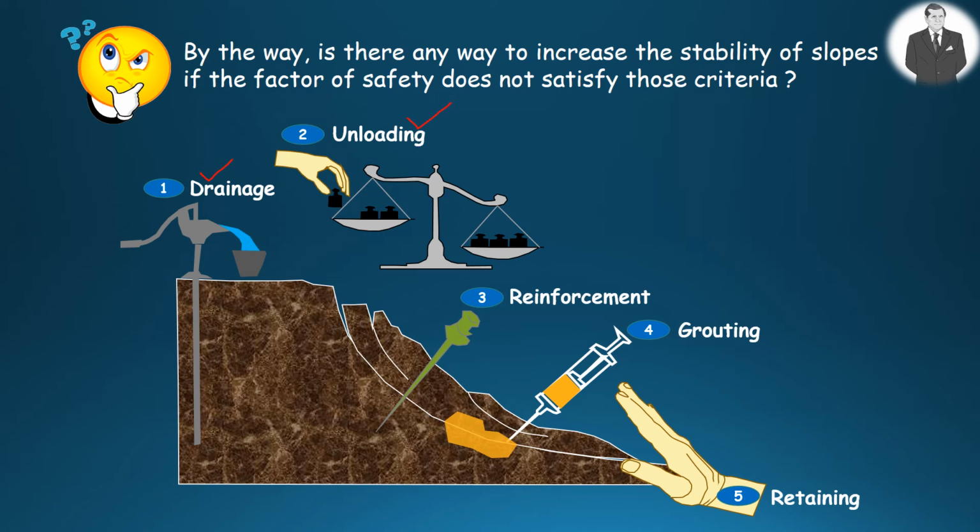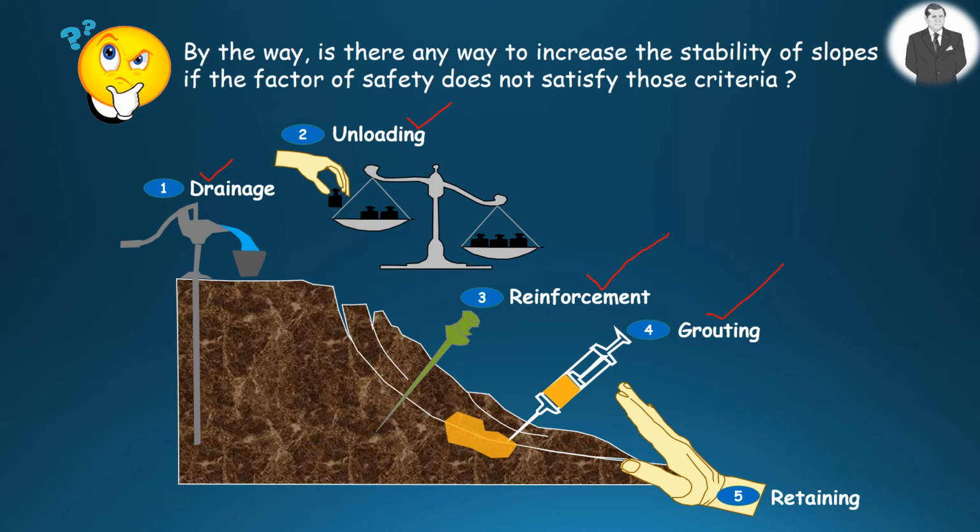In this technique, we try to reduce some weight of the sliding mass so that the driving forces are reduced. Reinforcement is used to fix the sliding soil mass back to the stable ground through anchoring, soil nailing, and or rock bolts, whichever is suitable.